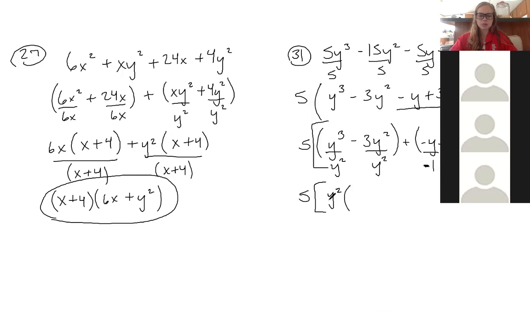So you gotta pull the y squared out, and then you're left with y minus 3. Okay, what did you factor out over here? Negative 1. There you go. And what are you left with? Sorry, that's a negative y over negative 1. Oh.